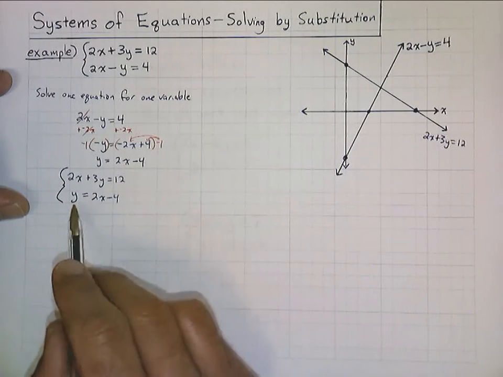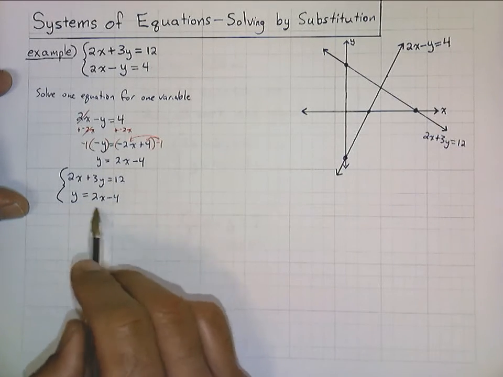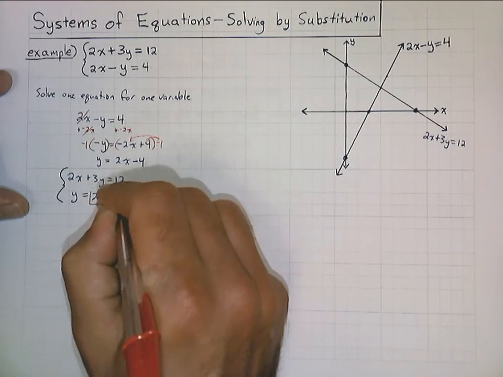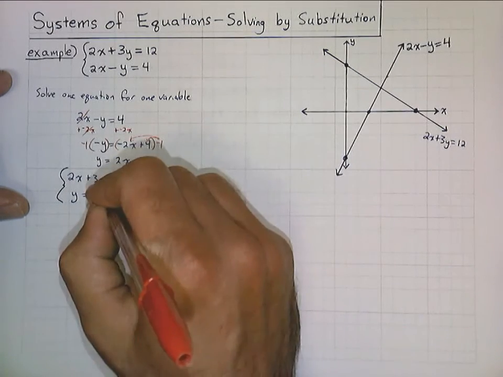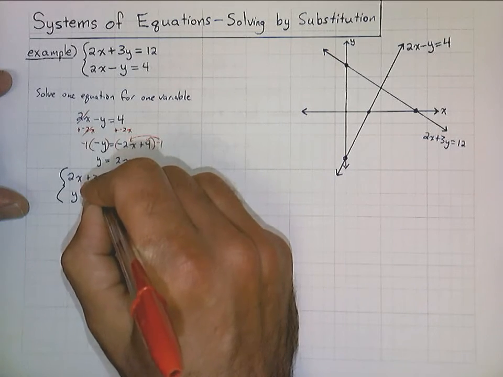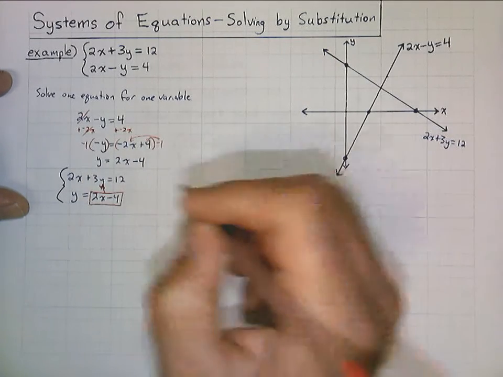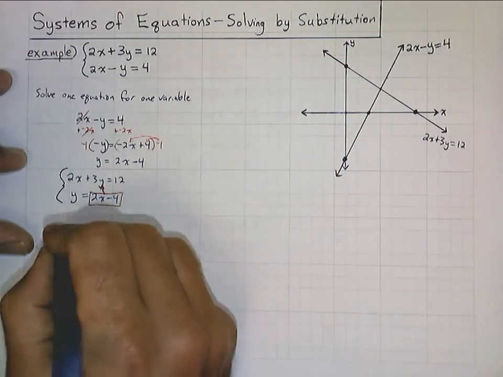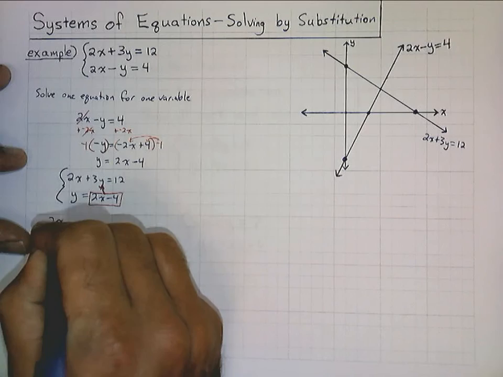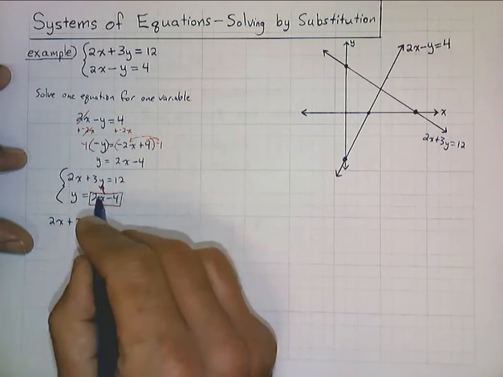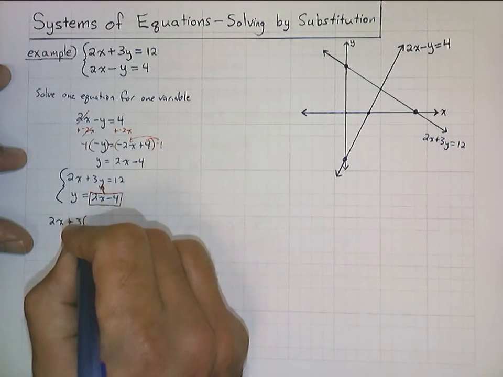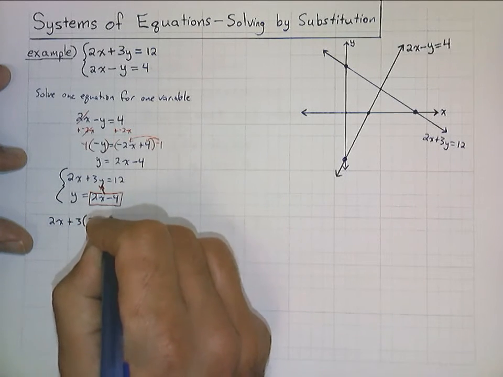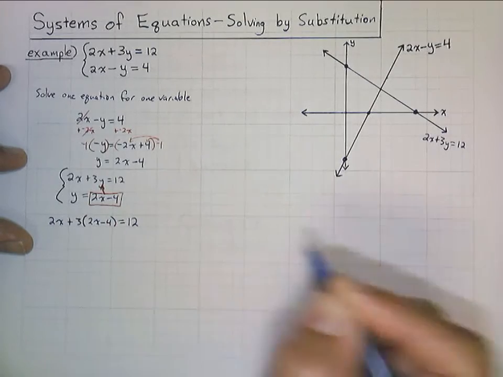But what we're going to do now, since we have y is equal to this expression involving just x, we're going to take this other name for y, and put it into the y in the first equation. So we now have 2x plus 3 times, and don't forget to put this into parentheses, because y is this whole thing, 2x minus 4 equals 12.